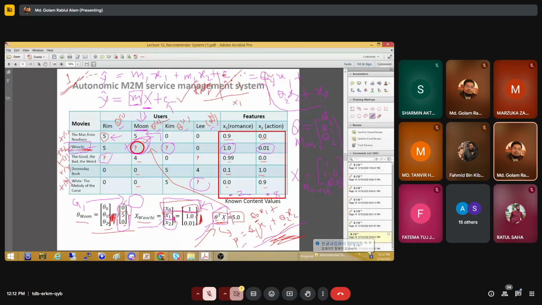In that case, it is just theta transpose x. So theta transpose x, these are the theta values. And the x values are 0.2 and maybe 0.8.